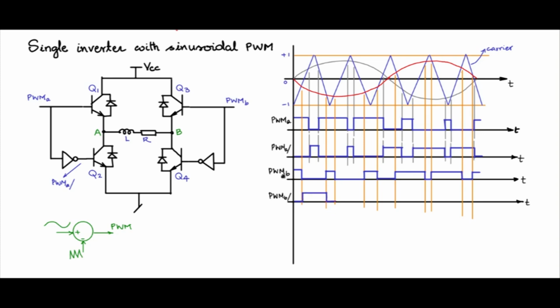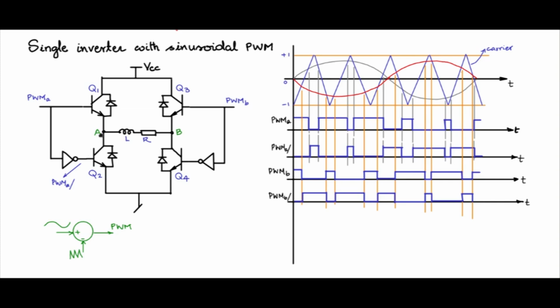So, let us invert PWM B to obtain PWM B bar. So, this is simple. So, now you have PWM B and PWM B bar. So, all the switches Q1, Q2, Q3, Q4 have the pulses in this fashion.